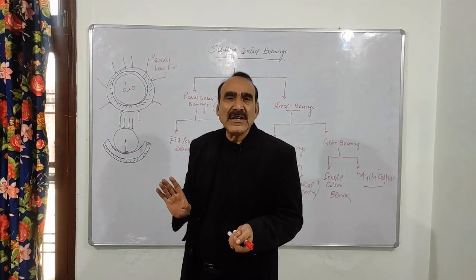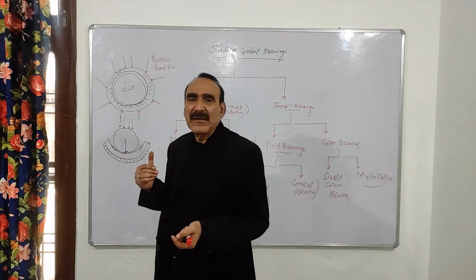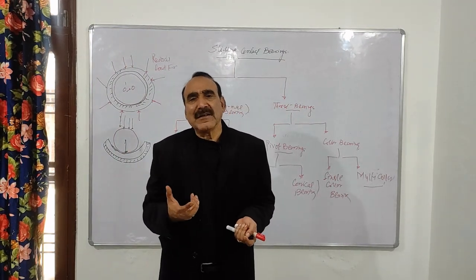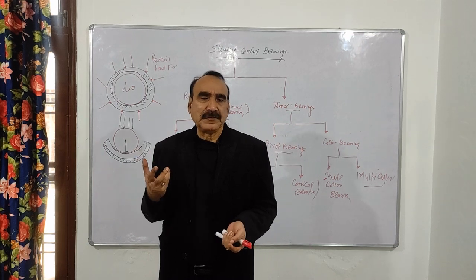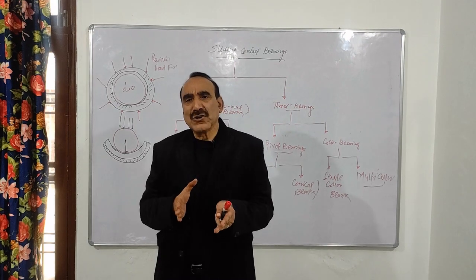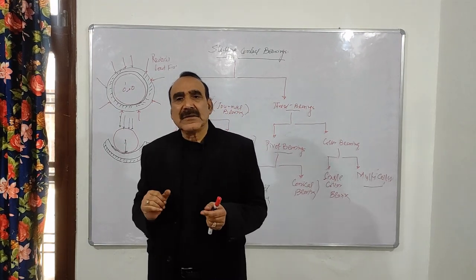I think you understood. You also understood the difference of the axle and shaft, because axle जो होता है, it simply supports the load, इसलिए जो force होगी इसके ऊपर, जो load होगा, that acts only in one direction.